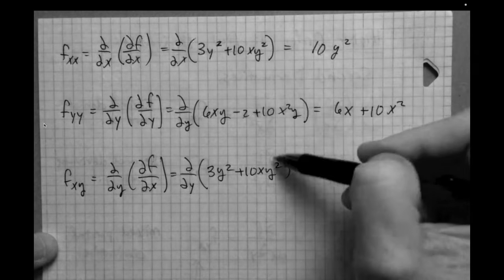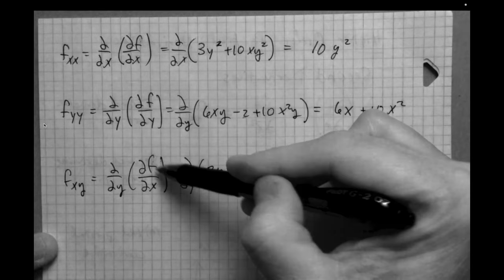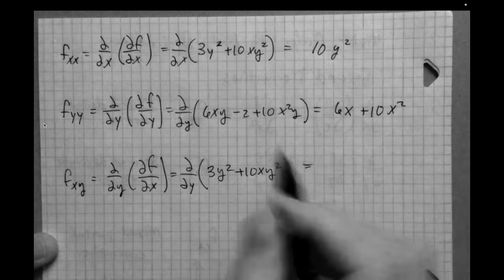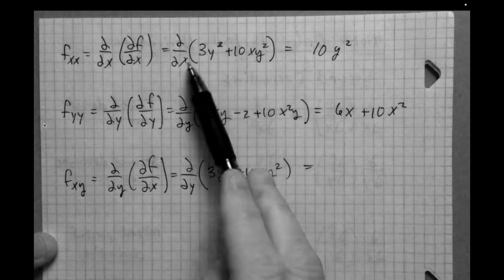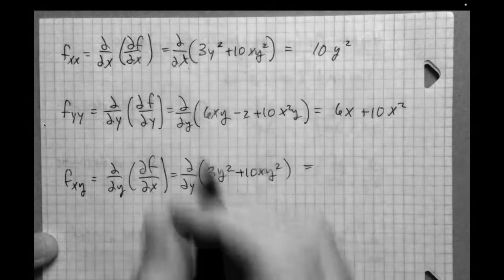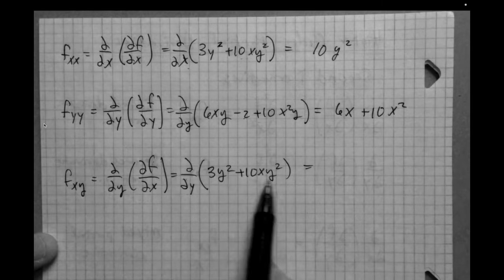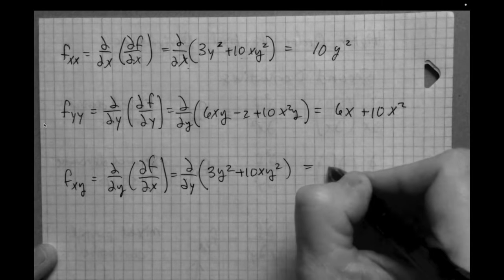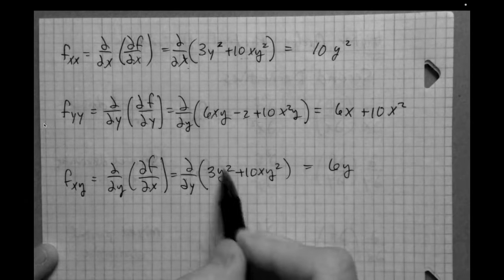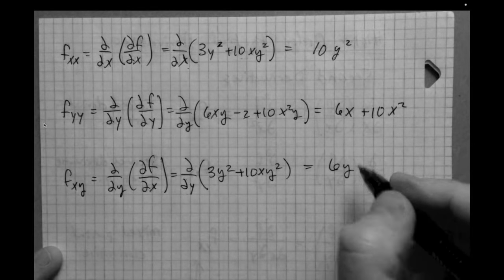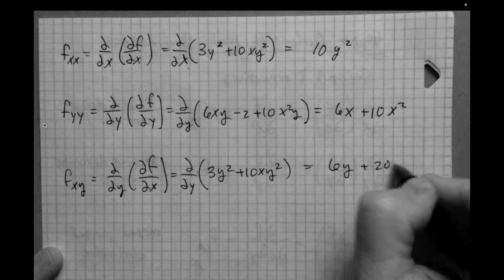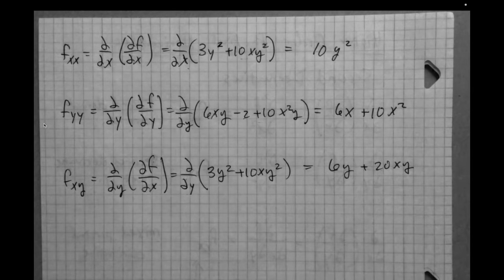So same function here, del f del x. Now we're going to do something different than what we did up here. Here we differentiated with respect to x, and here we're differentiating with respect to y. When we do that, we get 6y for this piece, and then 20xy. So that's the mixed derivative xy.